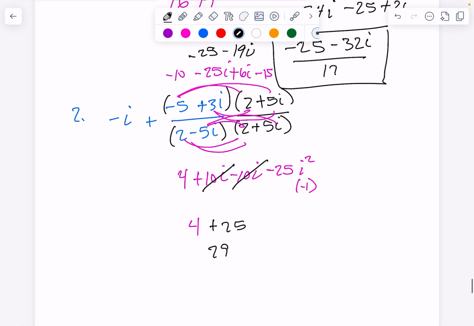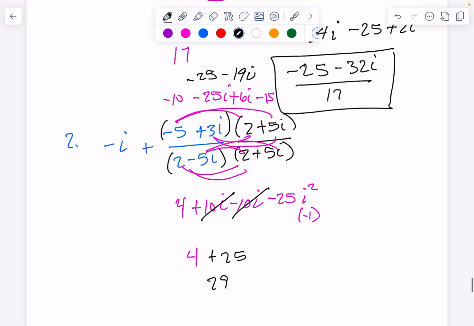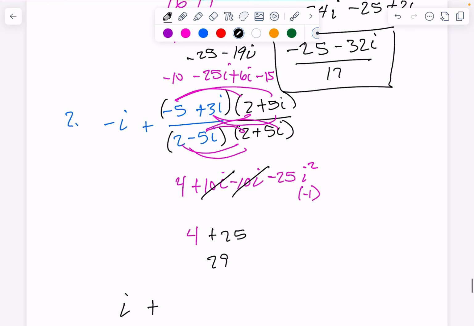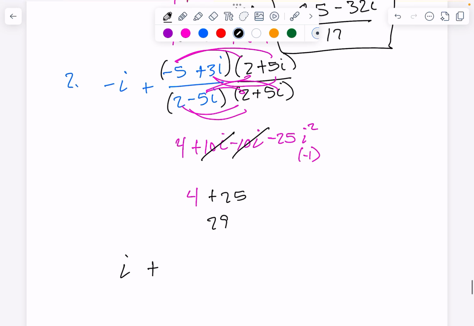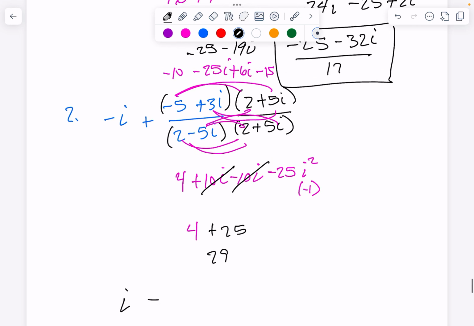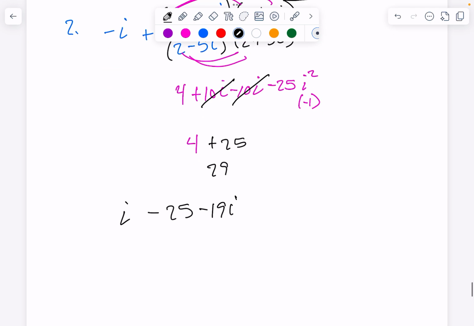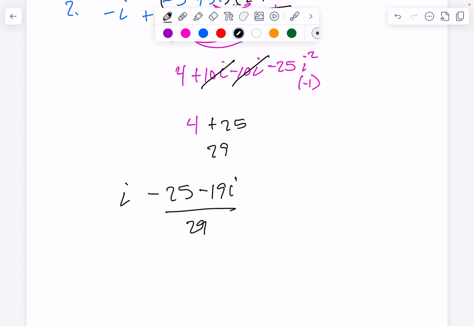So we're out of room. I'm going to write it all down here. -i plus (negative 25 minus 10i), so we can just change that to minus, (negative 25 minus 19i) over 29. And common denominators. Now times this by 29 over 29.